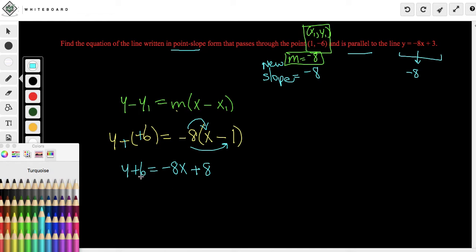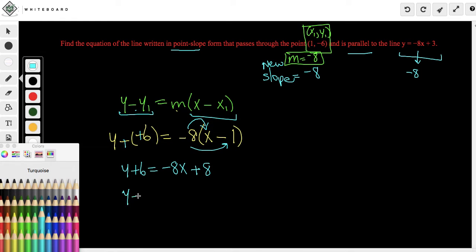If we want to leave it in point slope form officially, where it says y minus y1 and x minus x1, you would actually probably want to leave these negatives. I don't think you're going to have to do that, but if we were to put a minus here, you would have to change it back to minus a negative.